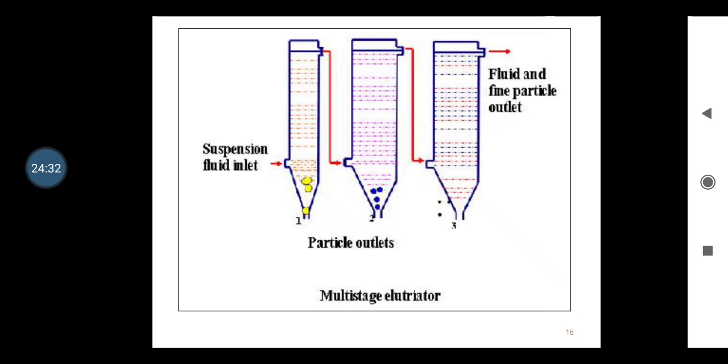So the suspension or fluid inlet is there, then the fluid and fine particle outlet is there. As far as the construction of this mechanism, that is the multi-stage elutriator, is concerned, it is based upon the hydraulic classifier.